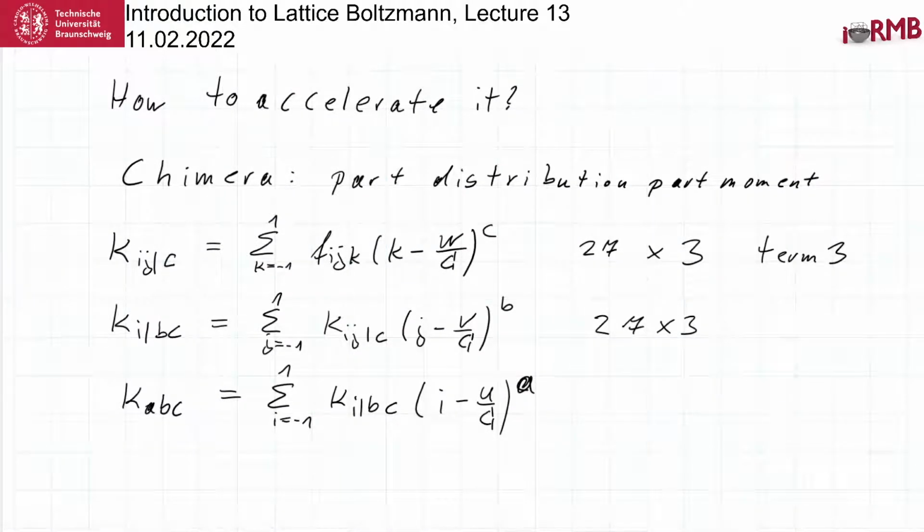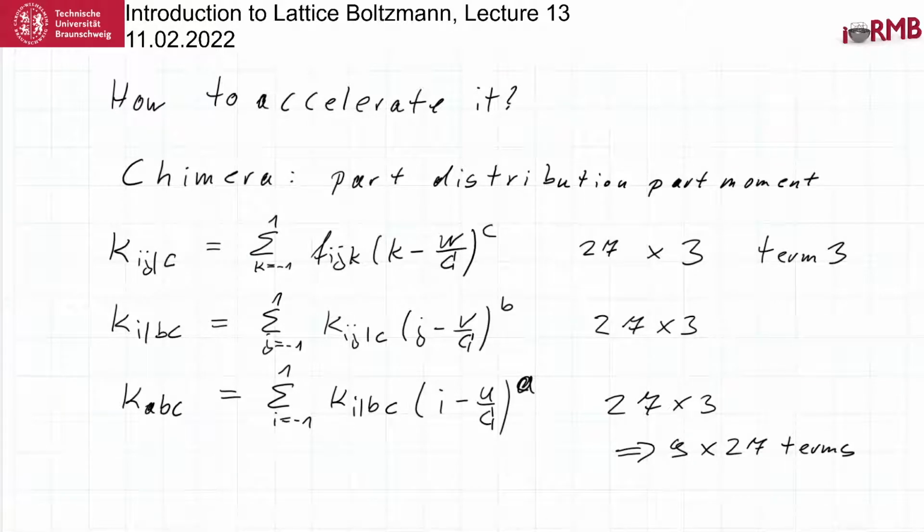Okay, now here again we have 27 times 3, and this means we have 3 times 9 times 27 terms.